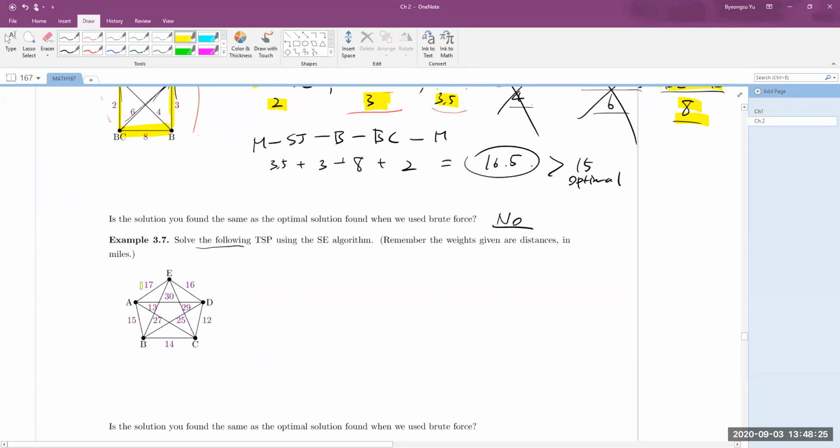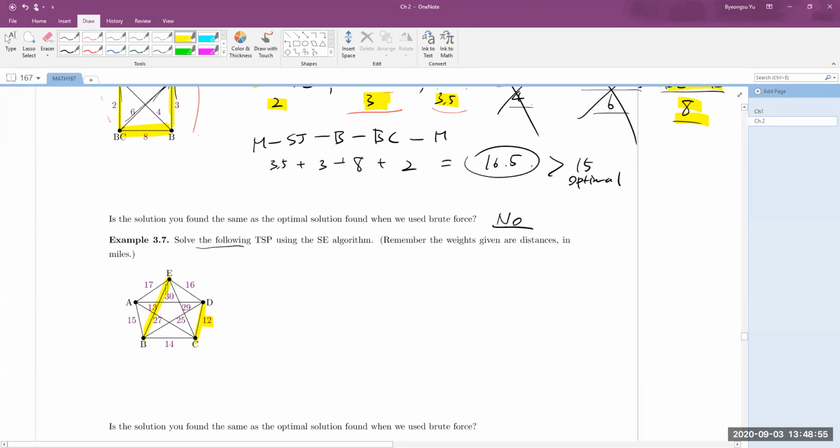The smallest one is 12, so pick this CD first. The next smallest edge is 13, and if you add 13, no vertices are shared with the chosen edges, no vertex has three edges, and there are no circuits, so you can add this one.